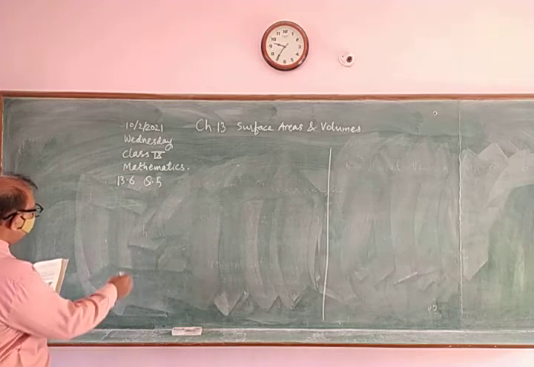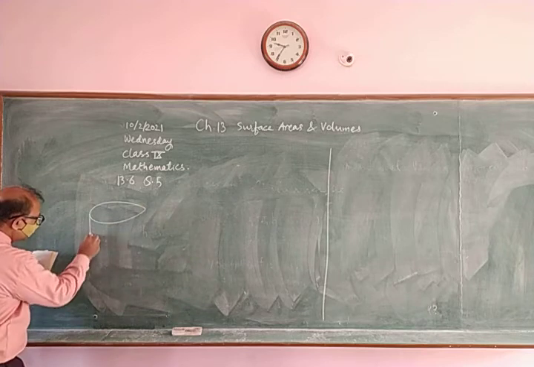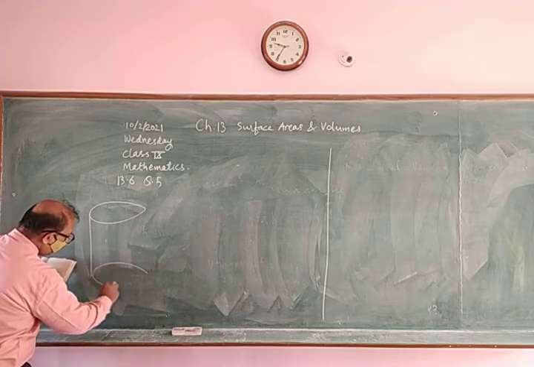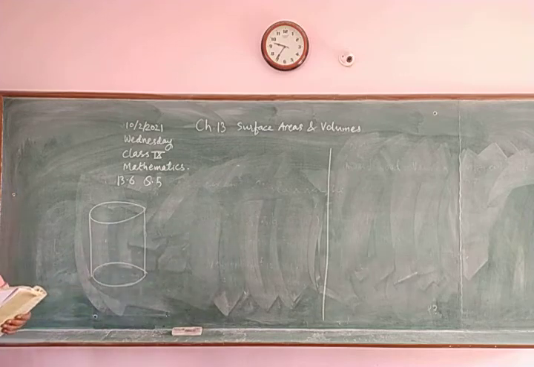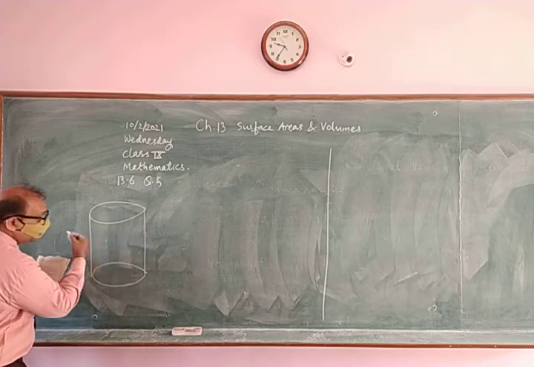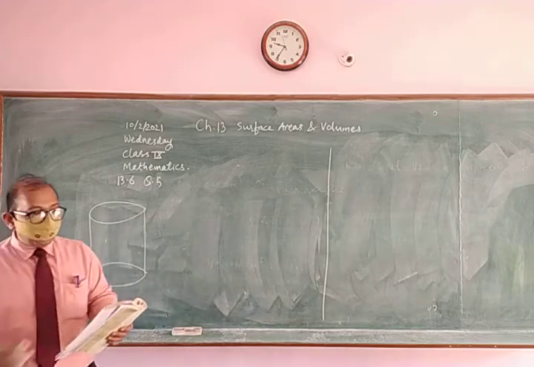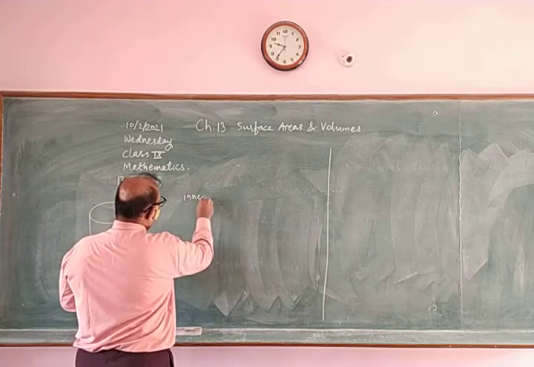Look here. This is the cylindrical vessel. It costs rupees 2200 to paint the inner curved surface.